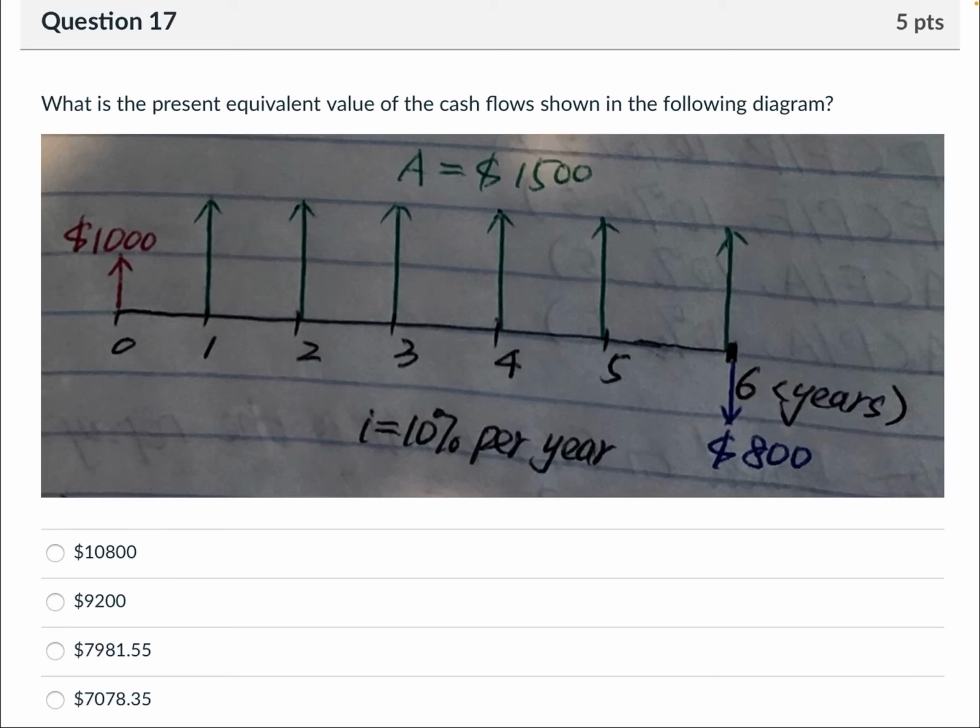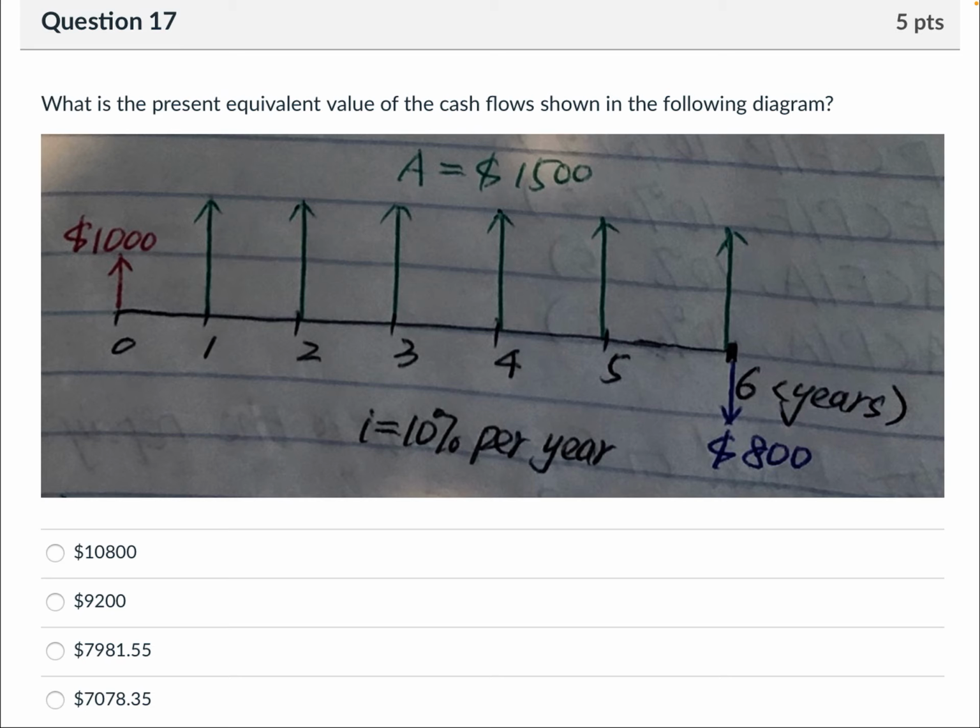Okay. Question 17. What is the present equivalent value of the cash flows shown in the following diagram? This is a multiple cash flow problem. Okay, and I also use different colors to draw different types of cash flows to give you a hint. So first you need to decide how many parts do you have, how many different cash flows do you have.